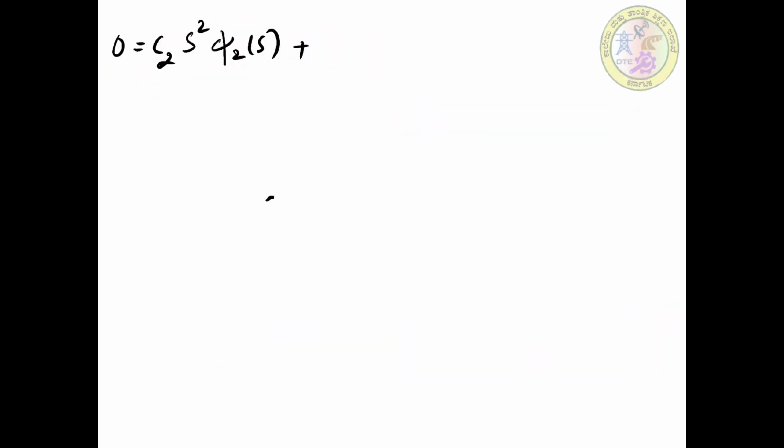Okay, so for b2 we can write 1 by R2 into s into phi 2 of s plus there is a spring element.